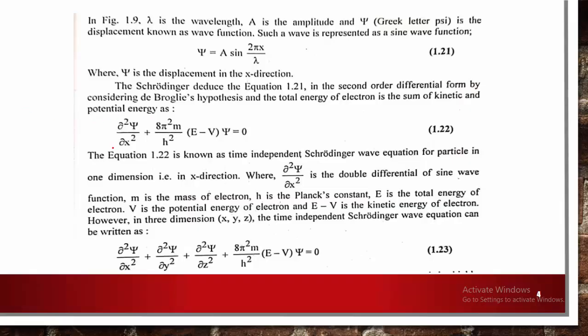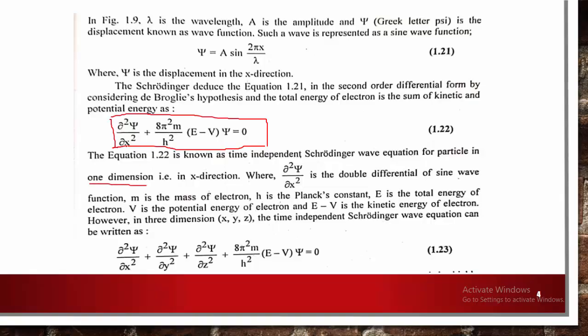We get del square psi upon del x square plus 8 pi square m upon h square into (E minus V) psi equals 0. This is the time independent Schrodinger's wave equation for a particle in one dimension.